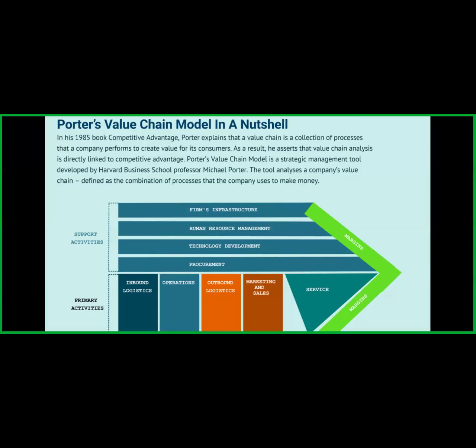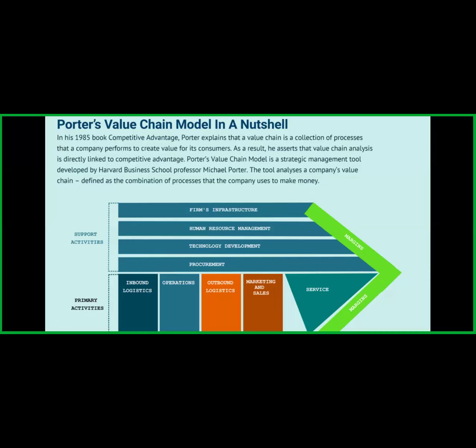And the next one is after-sale service, the strategy of the company related to after-sale service for that particular product. All these things are directly related to the product, and that's the reason why they are categorized under primary.